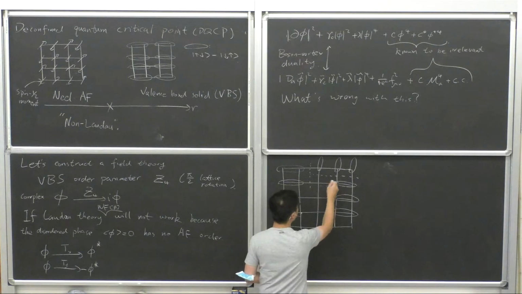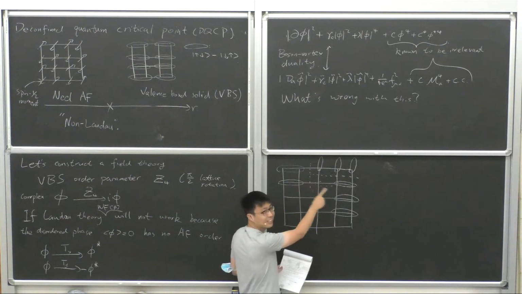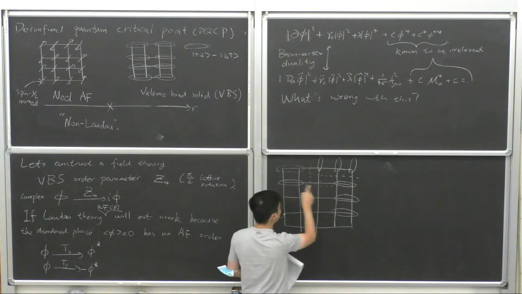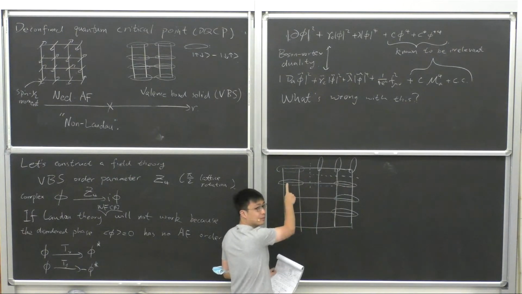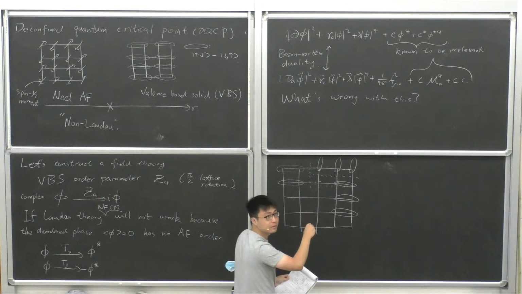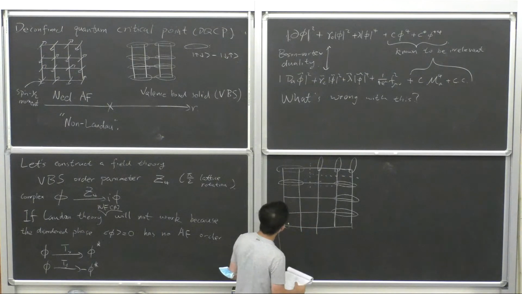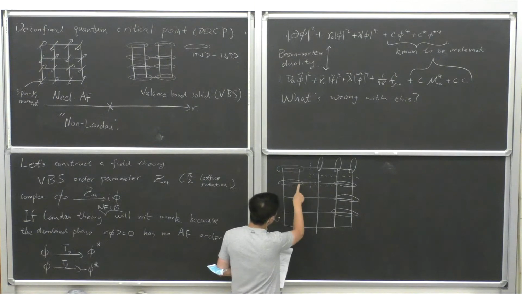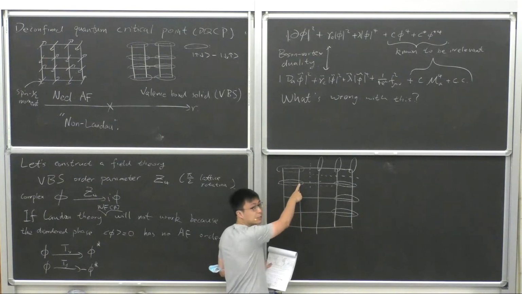If I do this, you find that it's actually the same pattern. So this pattern rotated by 180 is not the same as itself. It depends on how you rotate with respect to the point, the site of the lattice or the bond midpoint. So I'm rotating around a point where the symmetry is actually broken.